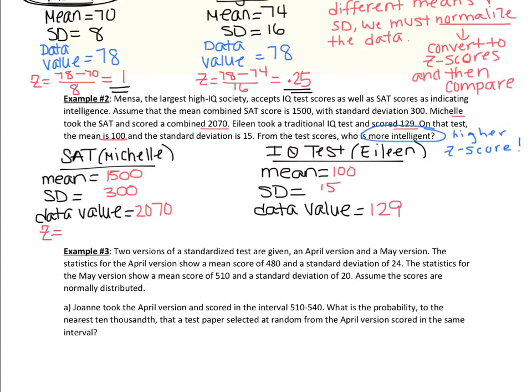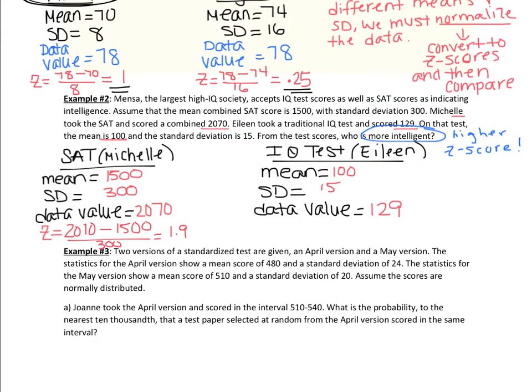Z is equal, for the SAT now, we're going to focus on this one, the data value, 2,070 minus the mean, which is 1,500, over the standard deviation, which is 300. If you put that into your calculator, you should get 1.9. Feel free to pause the video and check my math because I could be wrong. Now let's do Eileen's.